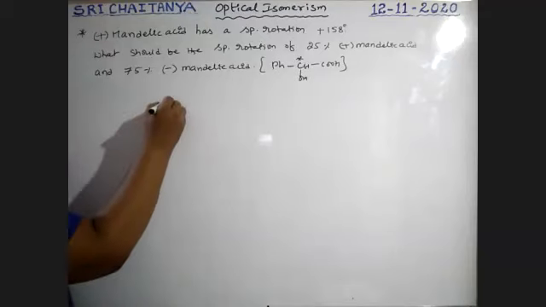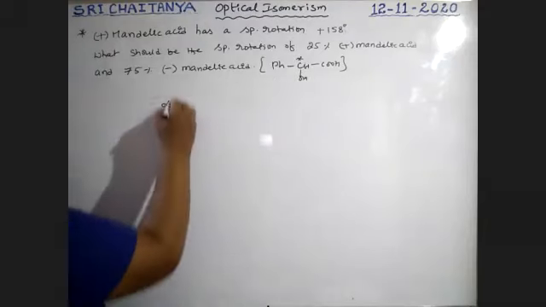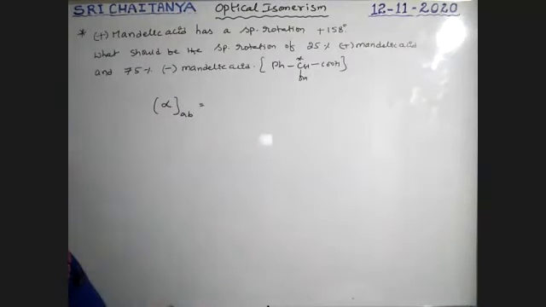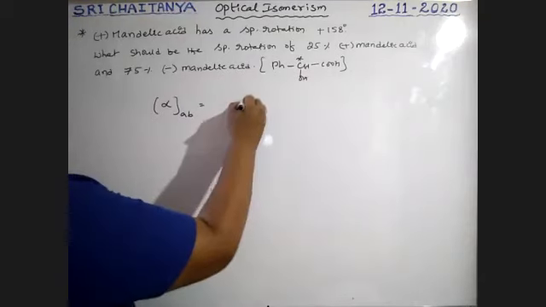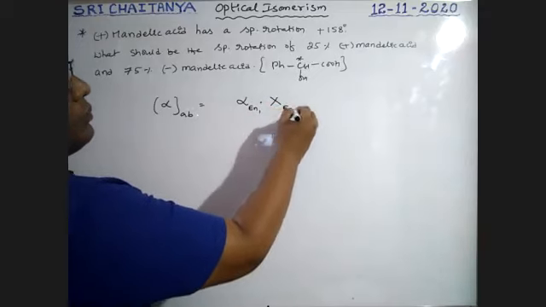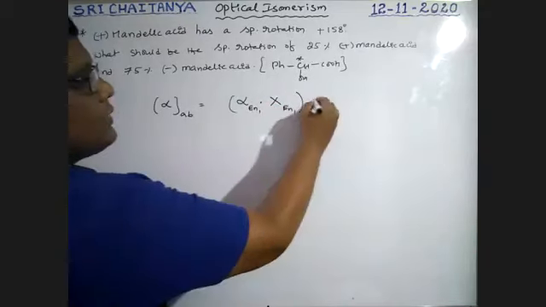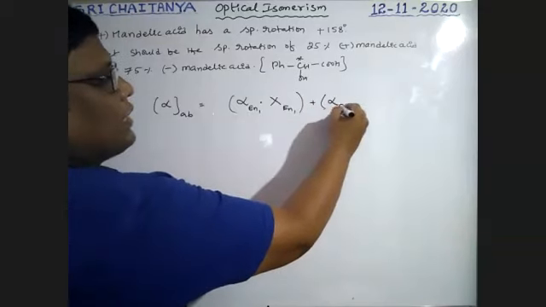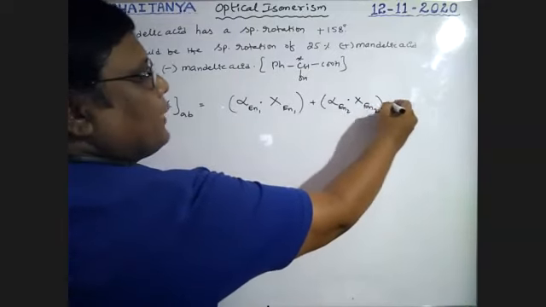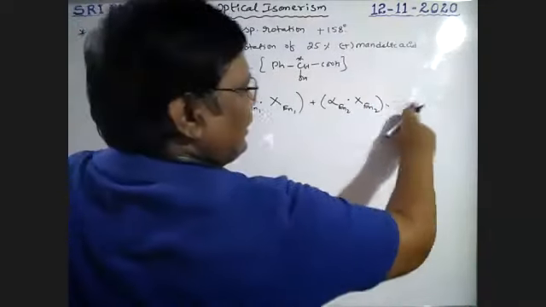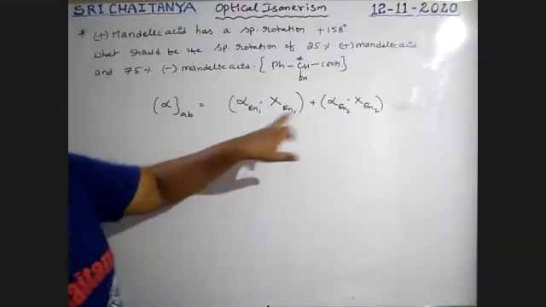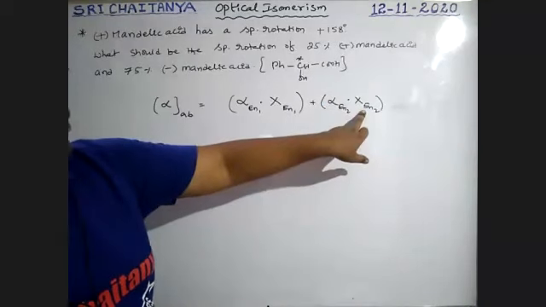Boys, the observed specific rotation is equal to the specific rotation of the first enantiomer times its mole fraction, plus the specific rotation of the second enantiomer times its mole fraction, and so on. This is the format.